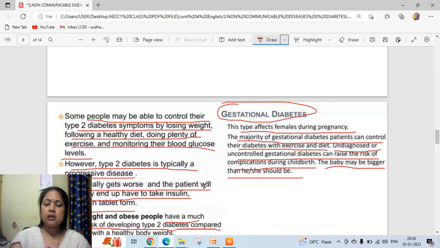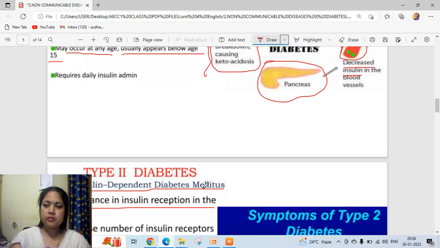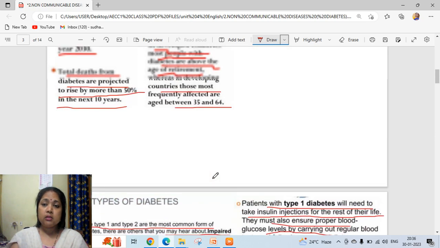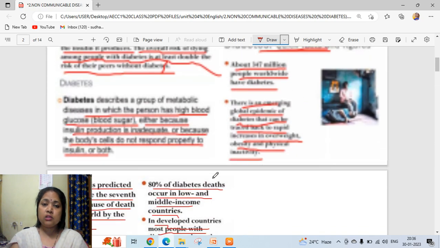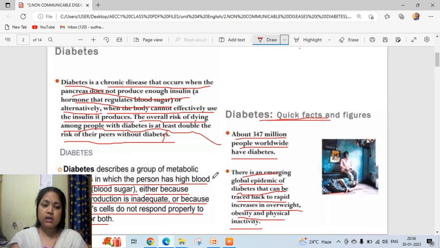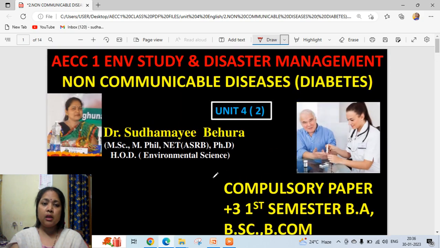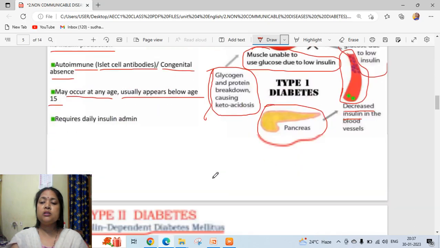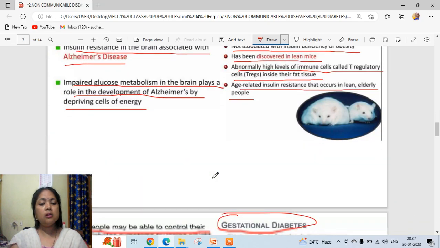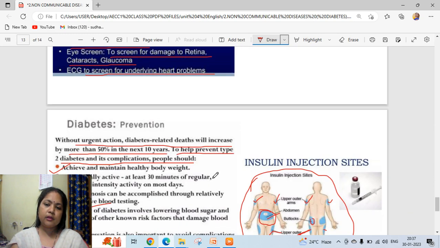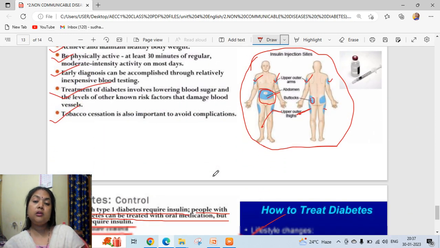In this video you learned the types of diabetes, what diabetes is, what the process of our body is during diabetes, the health problems associated with diabetes, then some data or figures related to diabetes worldwide and in India, and also its prevention methods and cure methods. And how we can monitor diabetes.